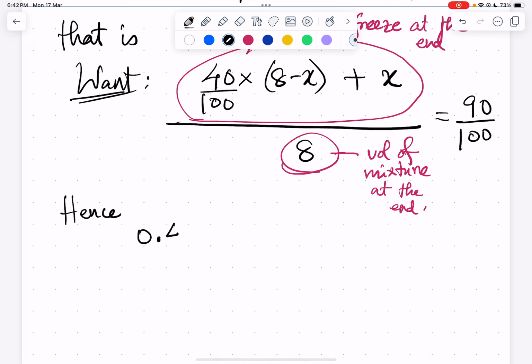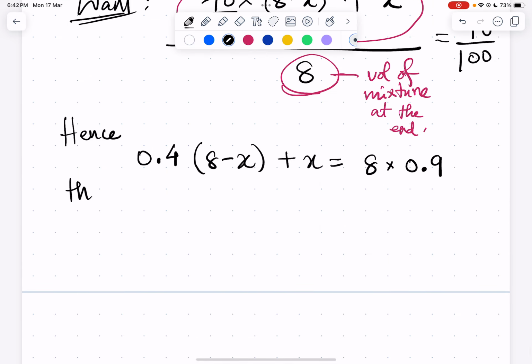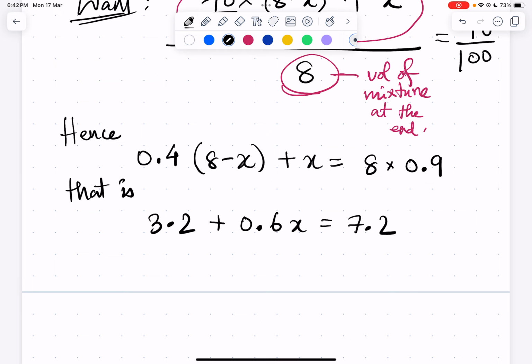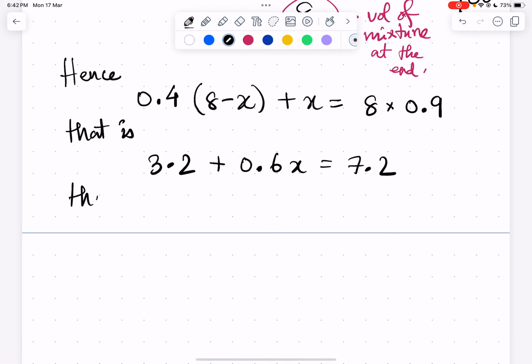We can write the fractions in terms of decimals. 0.4 times 8 minus x plus x equals 8 times 0.9, that is 3.2 plus 0.6x equals 7.2, that is, so 0.6x equals 4.